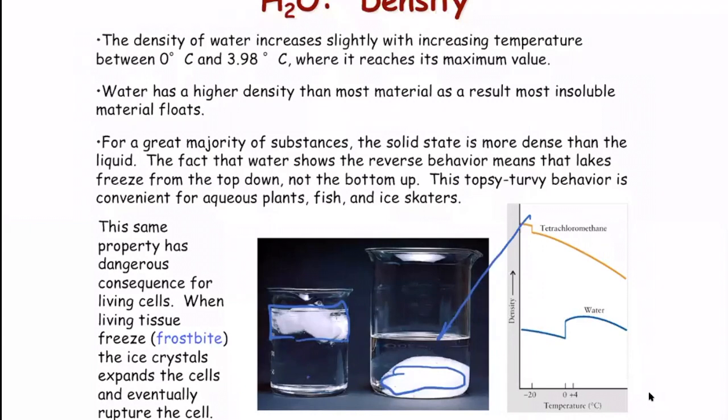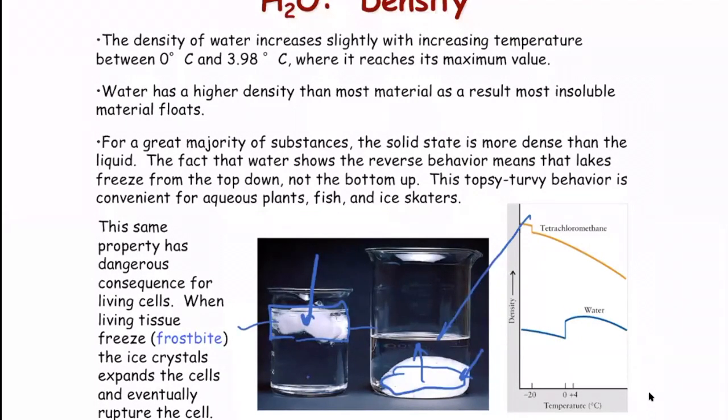Imagine if ice was more dense than the liquid, then the ice would form at the bottom of a lake, and then the whole lake would easily freeze over because then the surface of the lake is going to be influenced by the ambient temperature. By putting ice over water, because it floats, it basically insulates the rest of the body of water underneath. It acts as an insulation layer.